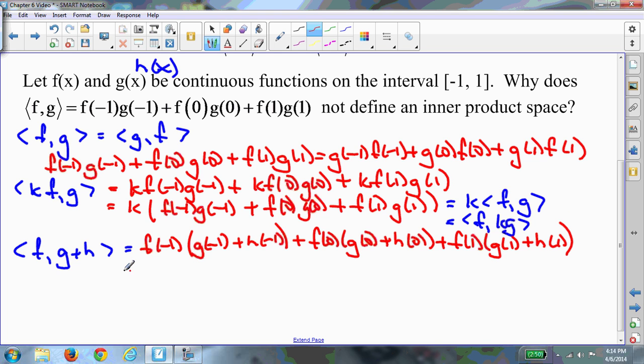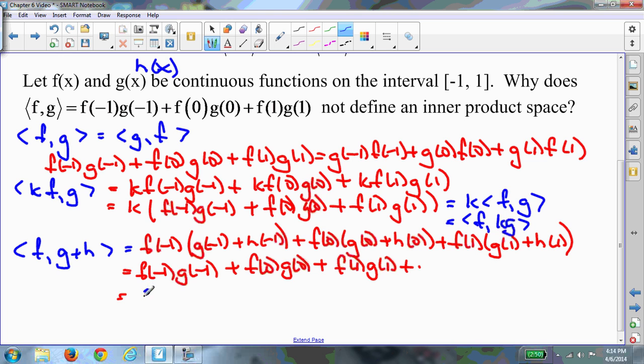But again, we can use the distributive property for this, so this would be f(-1)g(-1) + f(0)g(0) + f(1)g(1), plus similar ones for h. So this would equal the inner product of f and g plus the inner product of f and h.